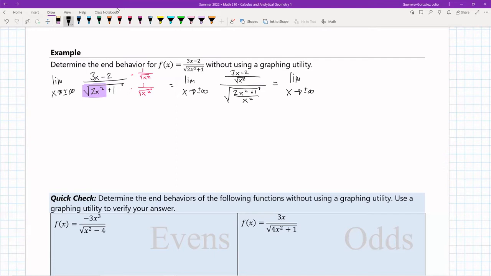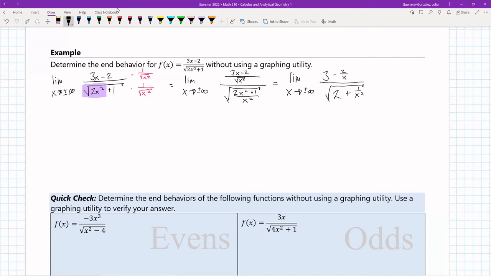This is going to be 3 minus 2 over x, divided by the square root of 2 plus 1 over x squared.